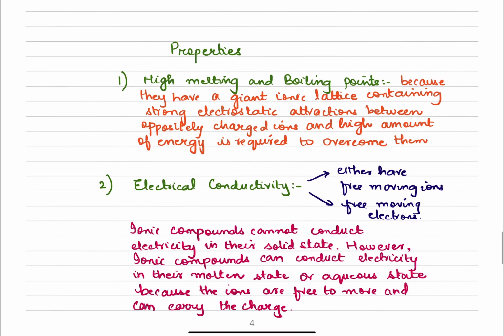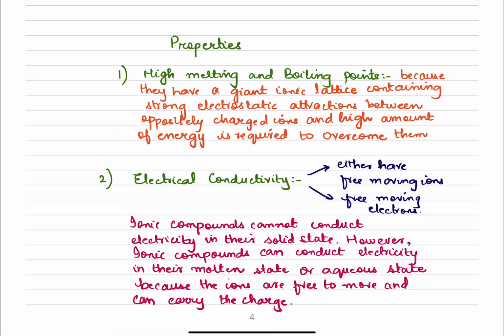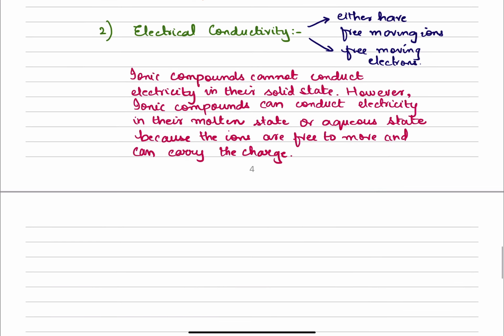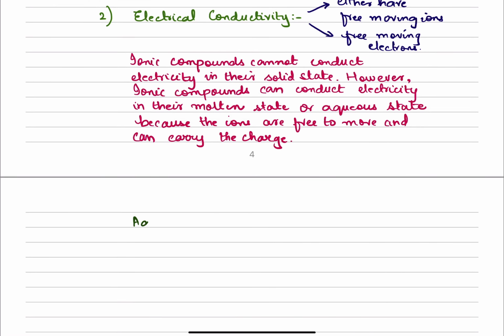And since they are free to move in their molten state and aqueous state, that's why ionic compounds can conduct electricity in their aqueous state or molten state. Aqueous state means dissolved in water.